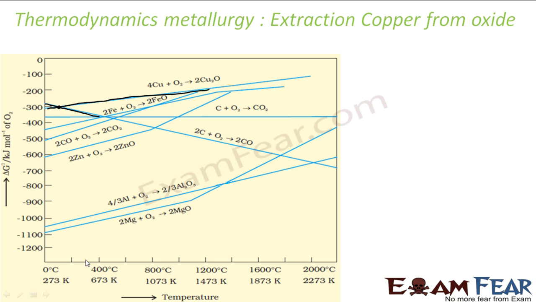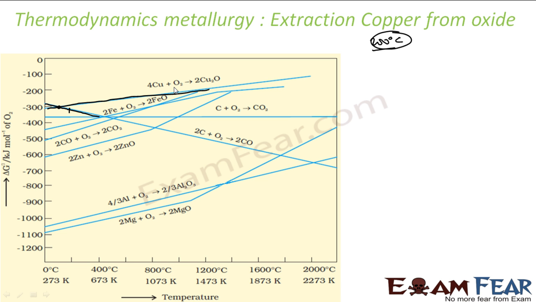If you see here, almost 200 plus, this is 200 degrees Celsius. So at 200 degrees Celsius plus temperature, carbon will be in a position to reduce my copper oxide to copper.